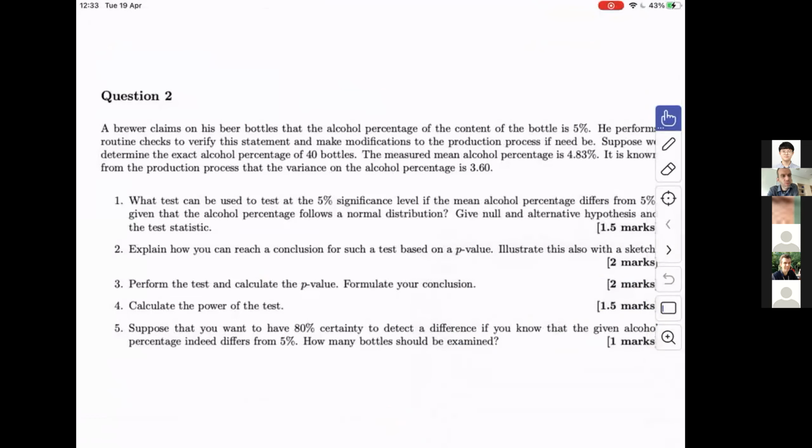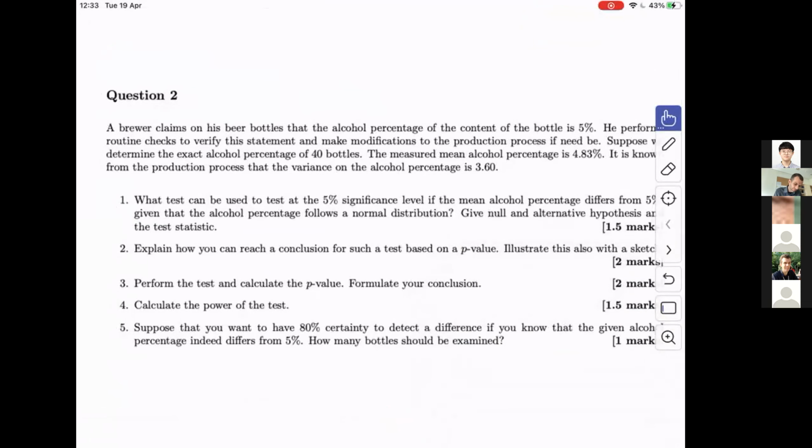I want to quickly have a look at question 2 from the written exam. So you have this on Ufora. You can look at it while we talk. I want to go over this because it's a typical example of a hypothesis testing question that you might have on the written exam.